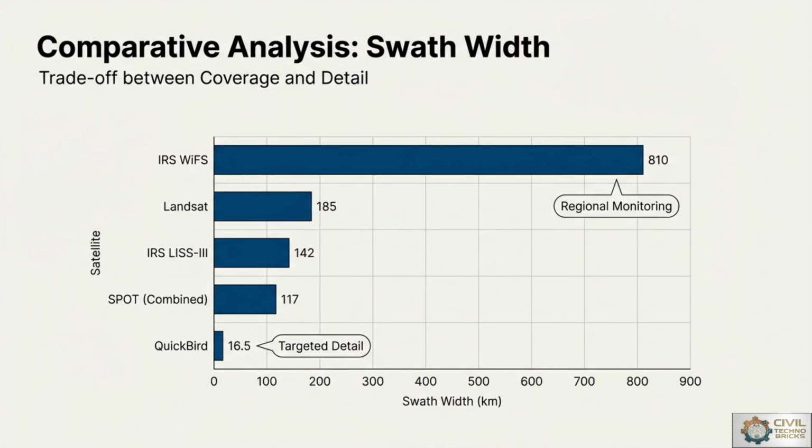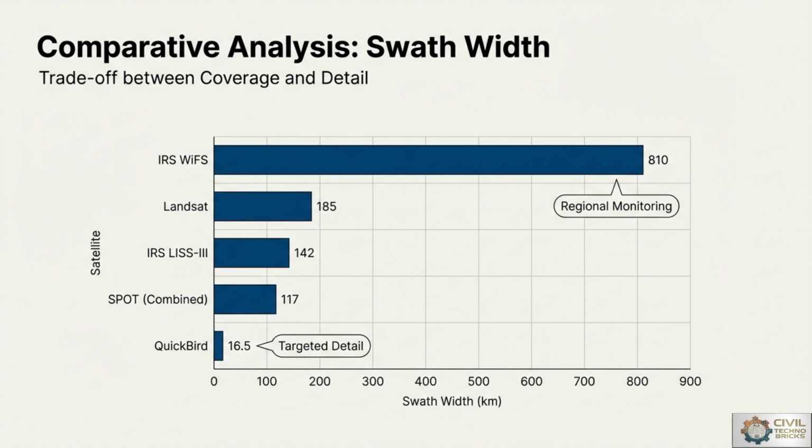Now the comparative analysis of swath width. The swath width represents the width of the ground area covered during a single satellite pass over that space. Wide swath sensors provide large area coverage but generally lower spatial detail. Narrow swath sensors provide higher spatial resolution, which is suitable for detailed investigations.